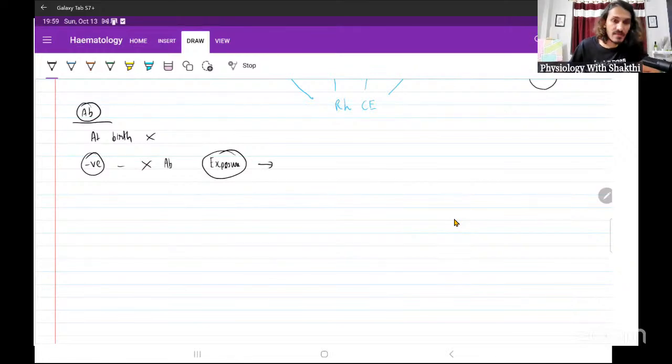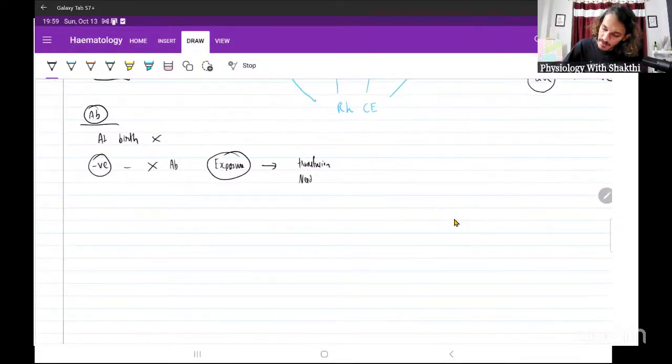One example is if this person previously received a transfusion. An Rh negative person got a previous transfusion from somebody who is Rh positive. Now suddenly antibodies will start appearing. Or some sort of needle stick injury.